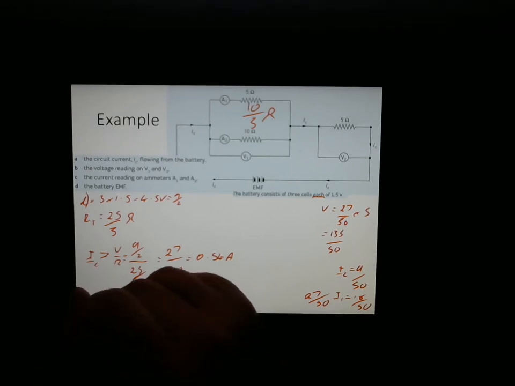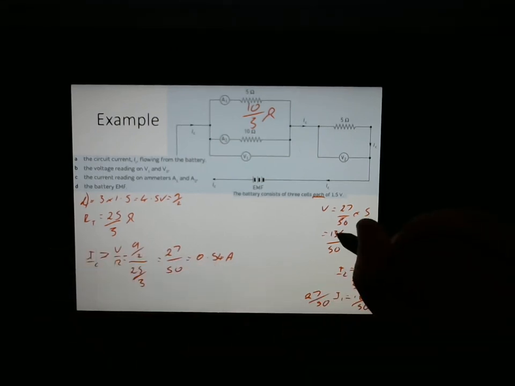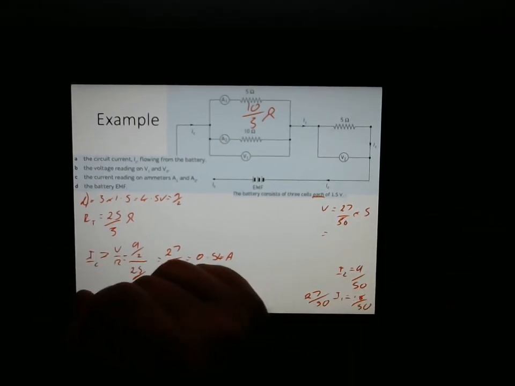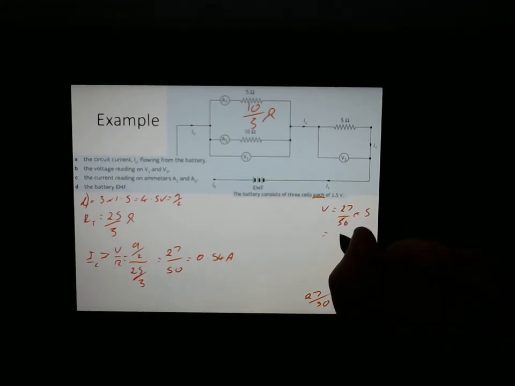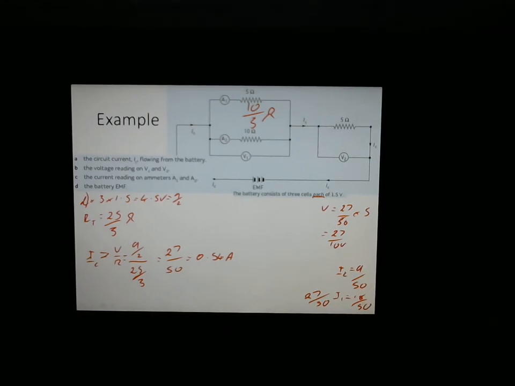Actually, no, let's just use some simple reduction. 50 is just equal to 5 times 10, so this will equal 27 over 10 volts, which equals 2.7 volts.